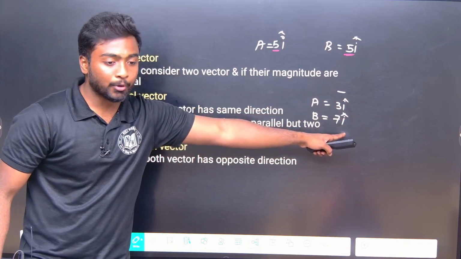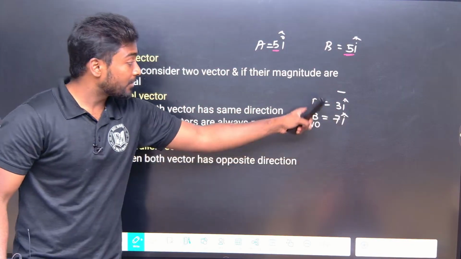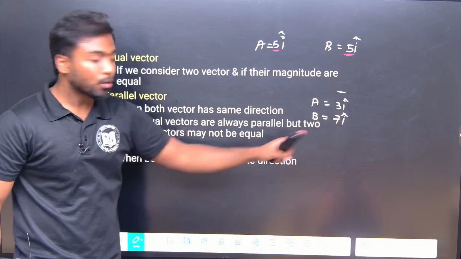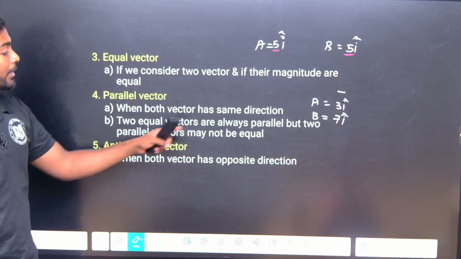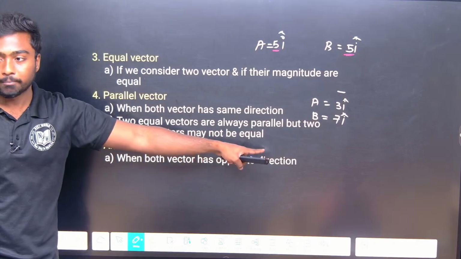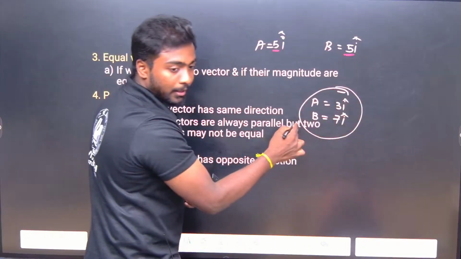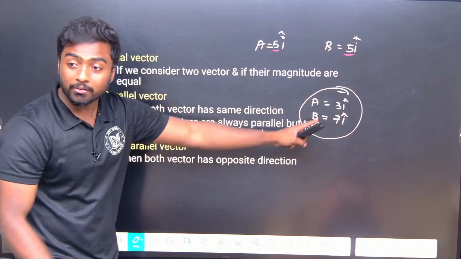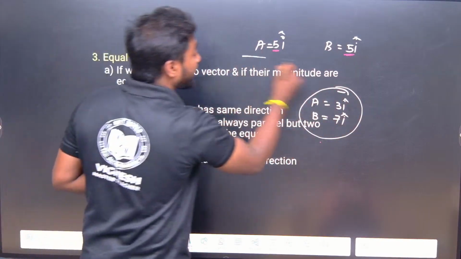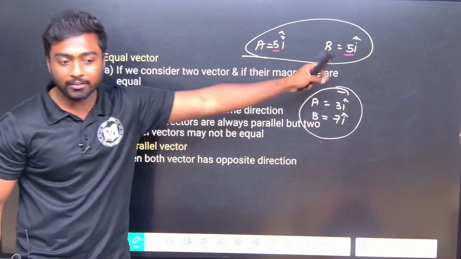But are these equal vectors? No. So the second point is equal vectors are always parallel, but parallel vectors may not be equal. Here this is a parallel vector only, I can't say it's an equal vector. But in this case, it's an equal vector as well as a parallel vector. Both are in the same direction.